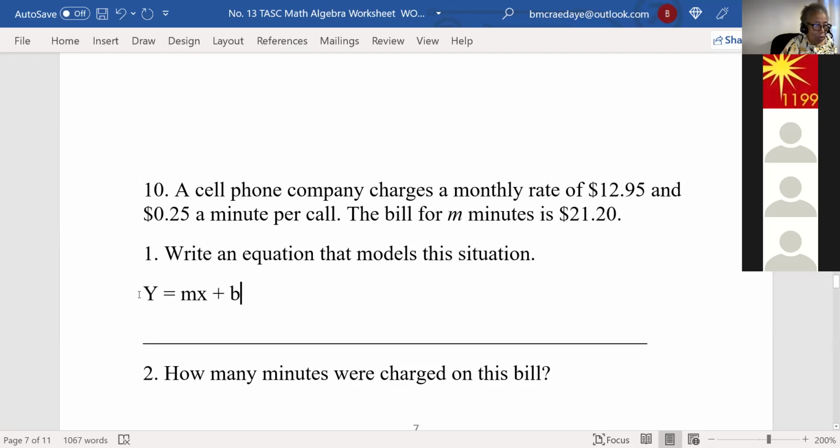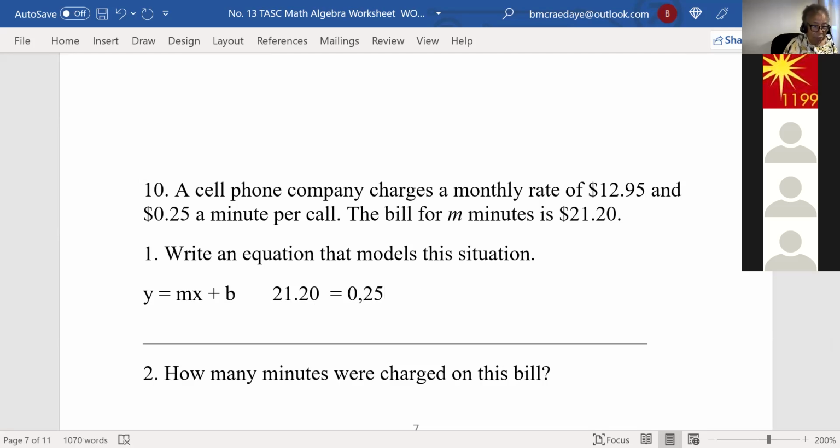So here's the way you would do this one. The bill for the M minutes is 21.20. That means the bill is dependent upon the minutes and the cost per minute. The cost per minute is the slope, right? So the way you translate here, the bill is $21.20, equal, and the slope is the 0.25.